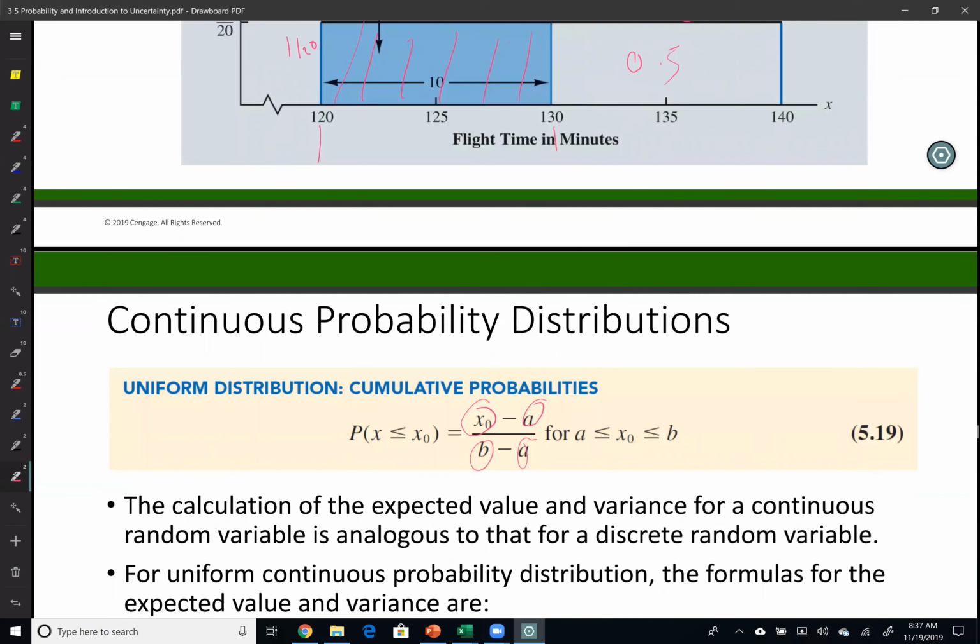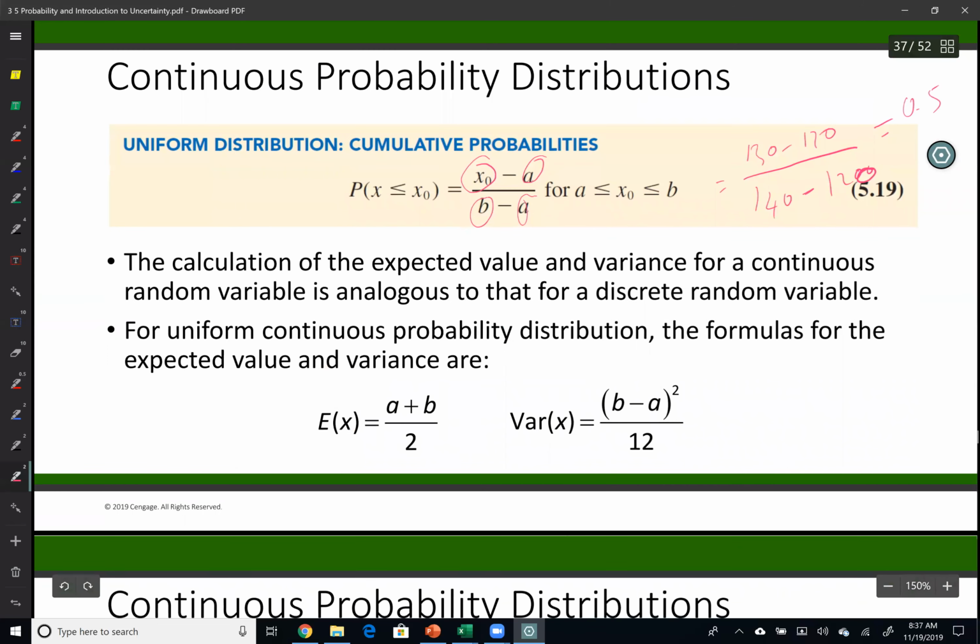So for this example, again, this would have been 130 minus lower bound 120 divided by upper bound, which is 140, minus lower bound, which is 120, which would give you 10 over 20, which is 1 over 2, which is 50%, or 0.5. Okay, that's how you would calculate the probabilities.